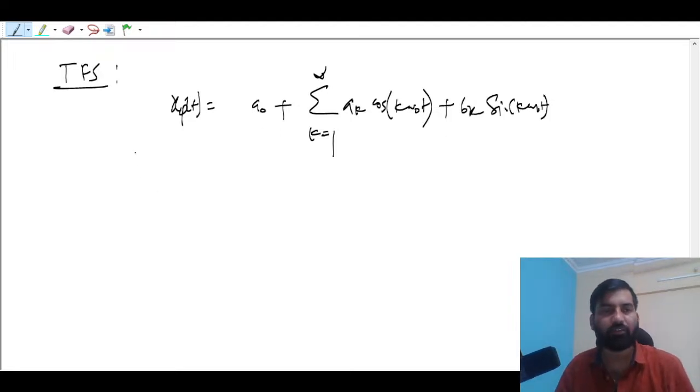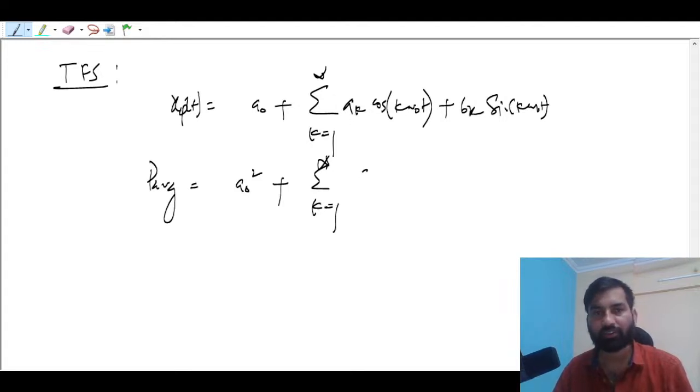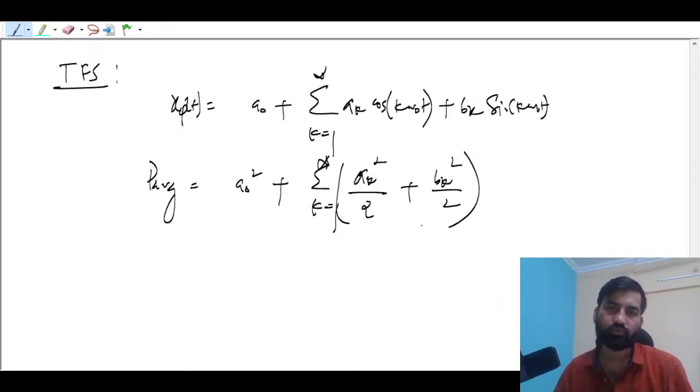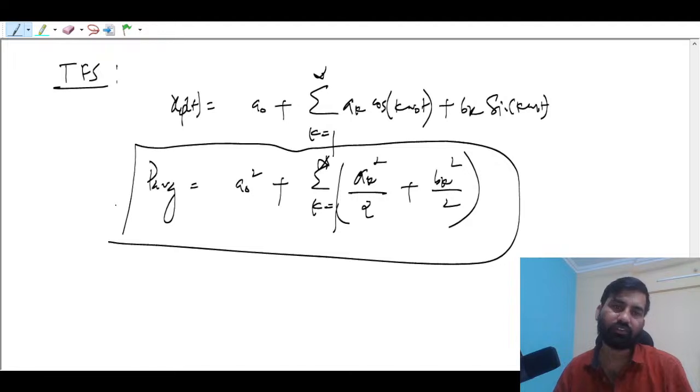Now you have to find the power here. The average power is going to be equal to a naught square plus summation k equal to 1 to infinity, what is the power of this? ak square by 2 plus bk square by 2. यही है पार्सेवल रिलेशन.